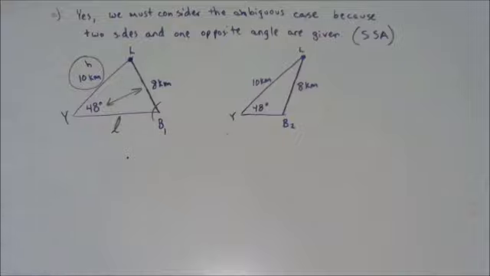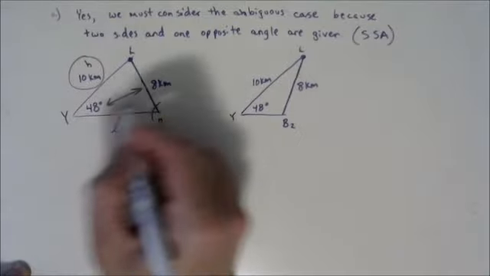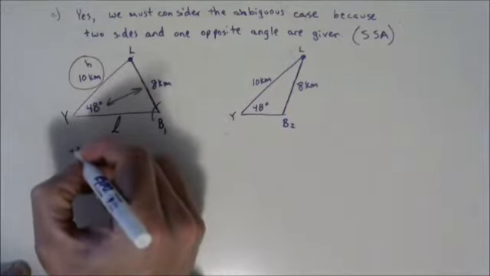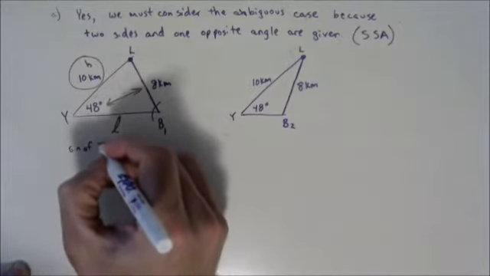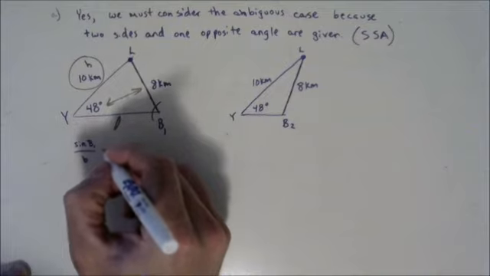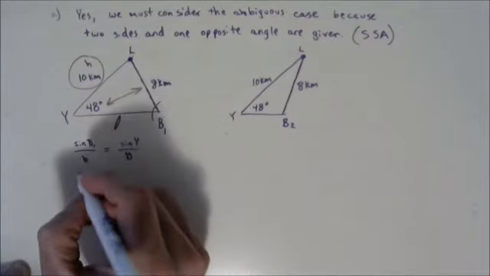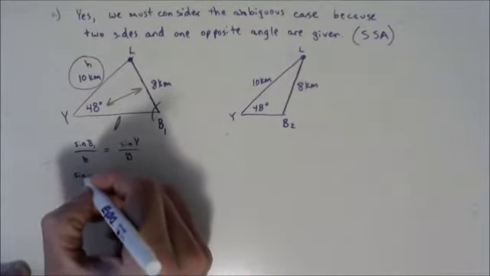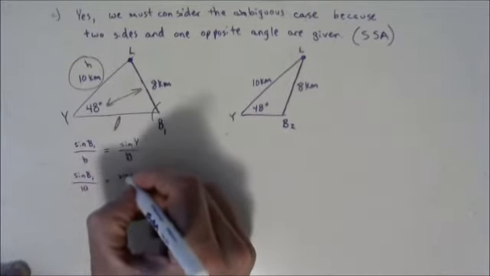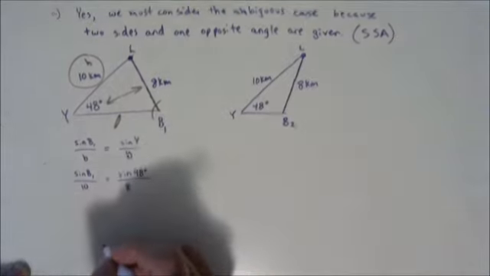So let's go through those steps here. We're going to first solve for angle B using the opposite information, side y and angle y. So we've got sine B1 over side length B is equal to the sine of y over side length y. So the sine of B1 over 10, filling in the information that we know, is equal to the sine of angle y, which is 48 degrees, over side length y, which is 8 kilometers.